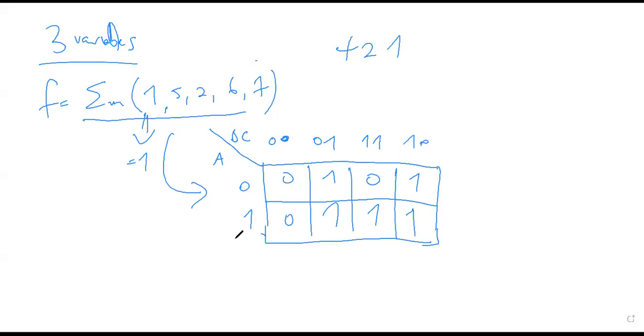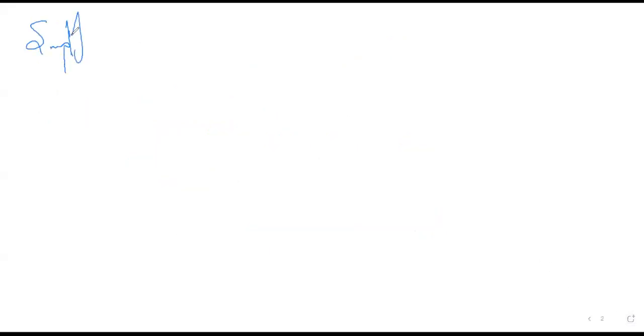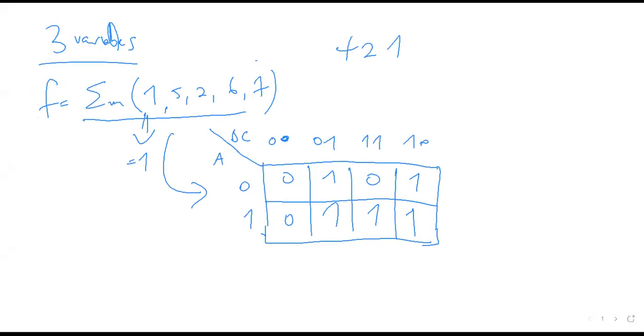Now we go to the simplifying part. How do you simplify? For sum of products, you look at the ones. In this example we are using sum of products, because this is the sum of minterms.